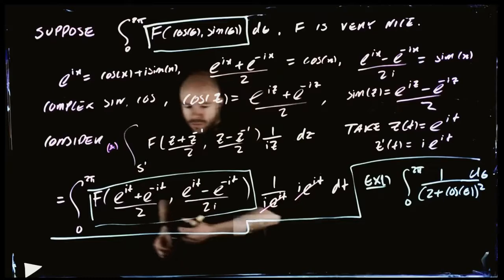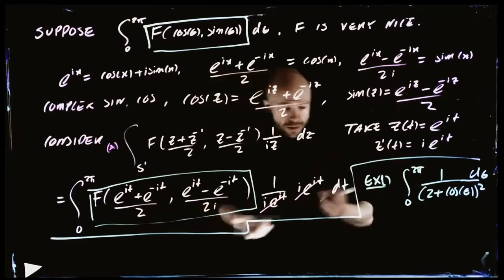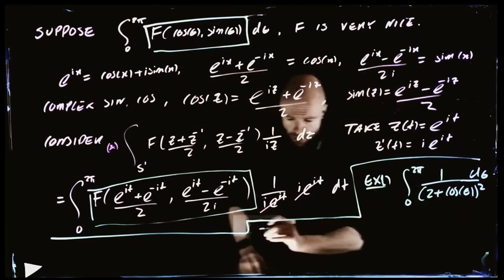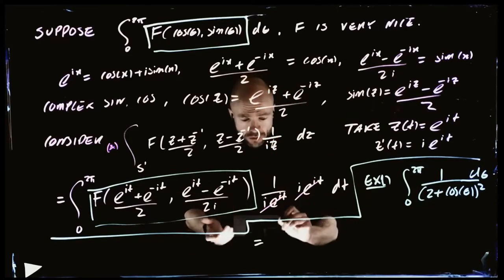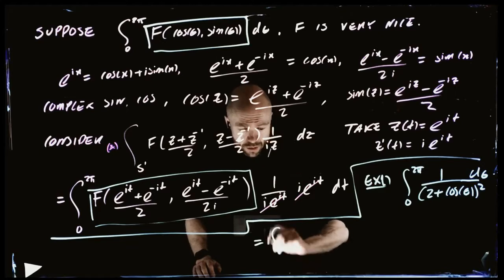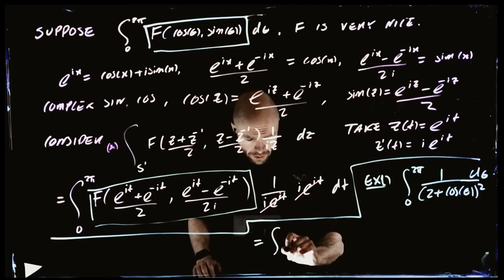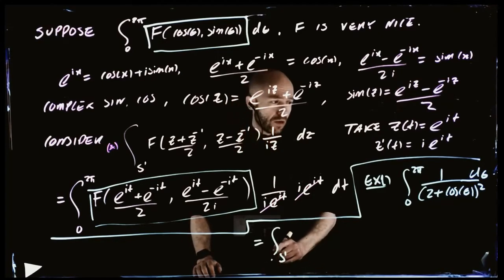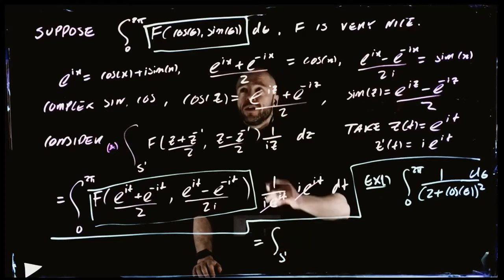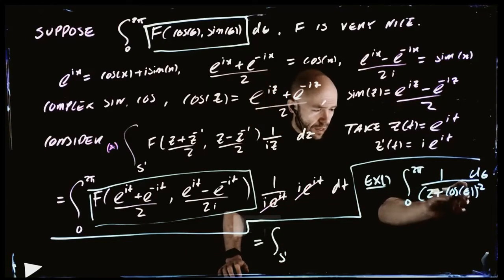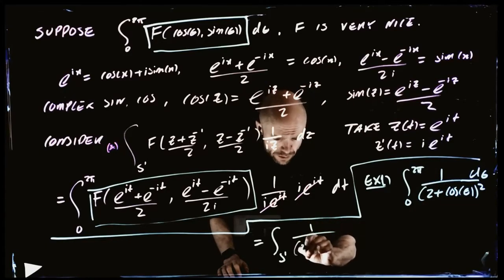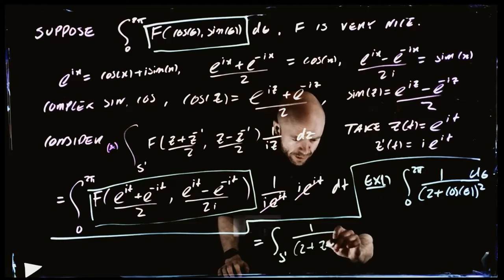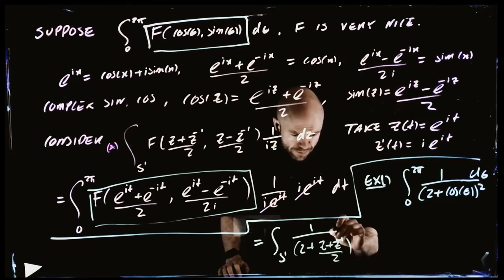So we are going to do this stuff. This guy, let's put it over here. We're going to turn it into an integral around the complex numbers, around the unit circle. Okay, so what is our f? Our f is just this guy. So this cosine of theta, we're going to replace by (z plus z to the minus 1) over 2, like this.